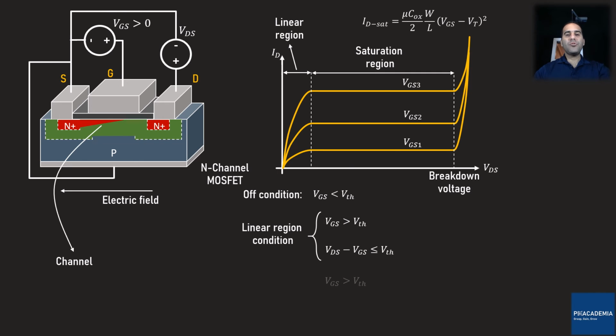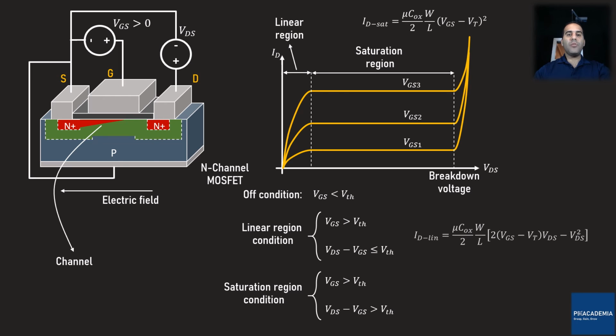And if the gate to source voltage is larger than the threshold voltage, and the difference between the drain to source and gate to source voltages is larger than the threshold voltage, the N-channel MOSFET is in the saturation region. In the linear region, the drain current can be calculated using this equation. In the saturation region, this equation gives us the drain current.